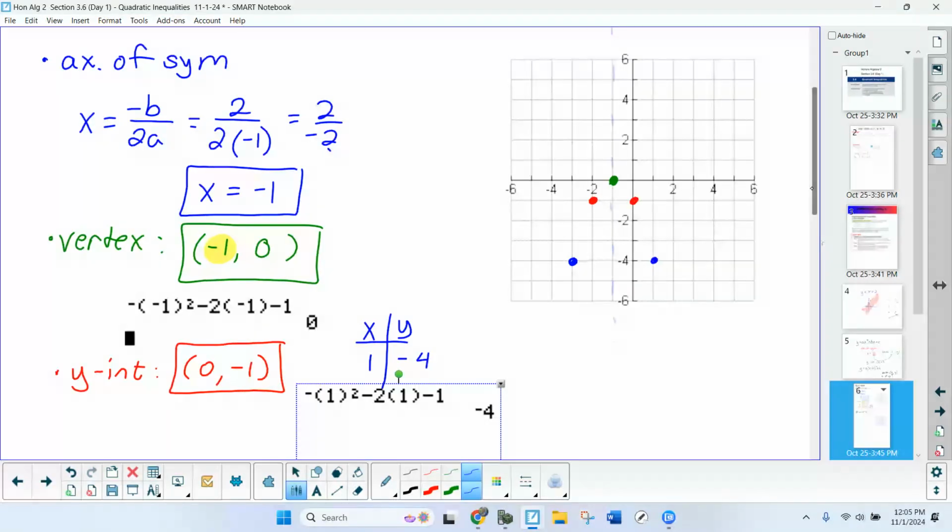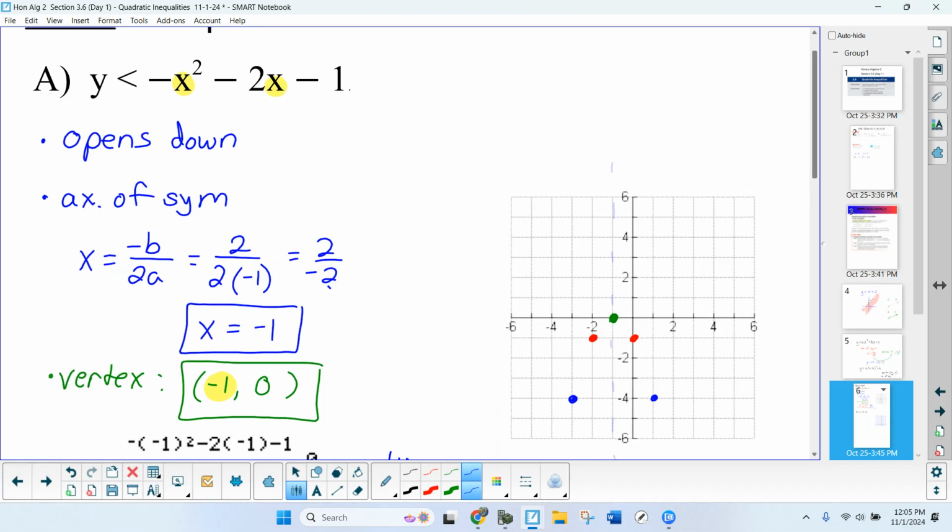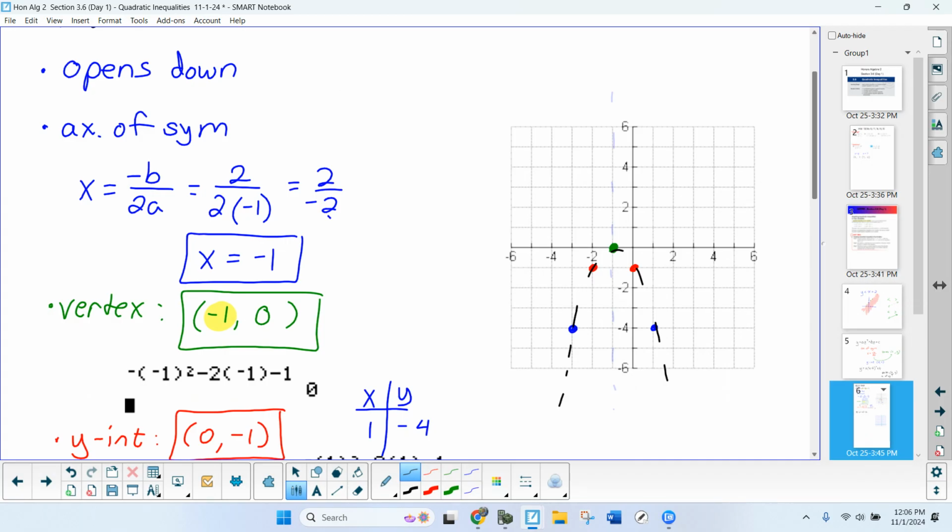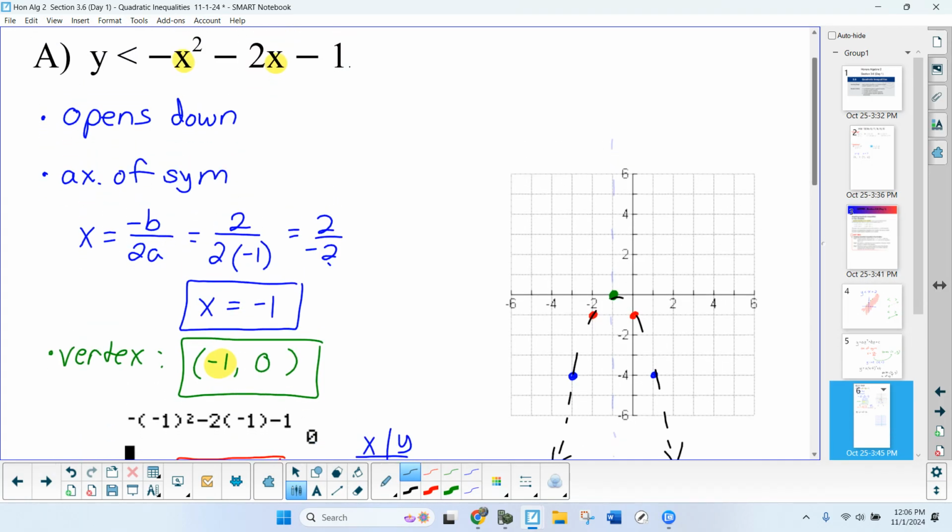Okay, now we got to ask ourselves, is my parabola dashed or is it solid? It's dashed. Why? Because it's just less than. So I'm going to come here and dash my U. And I will never say shade inside or outside, ever, because it depends if it opens up or if it opens down. I'm always going to say, do you shade above or below?